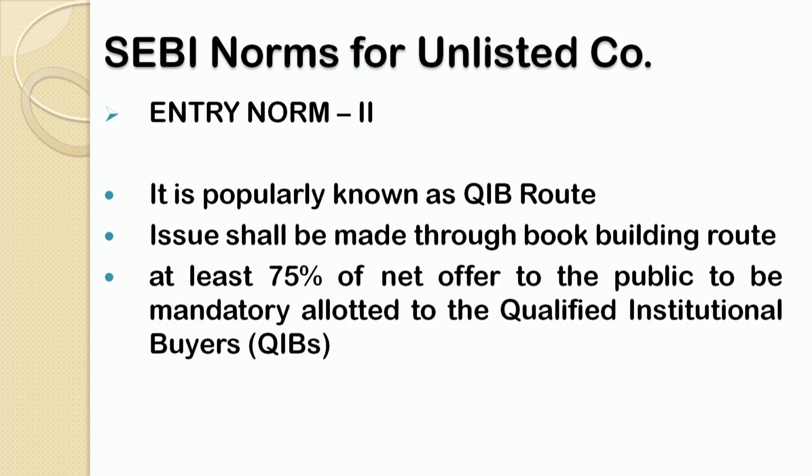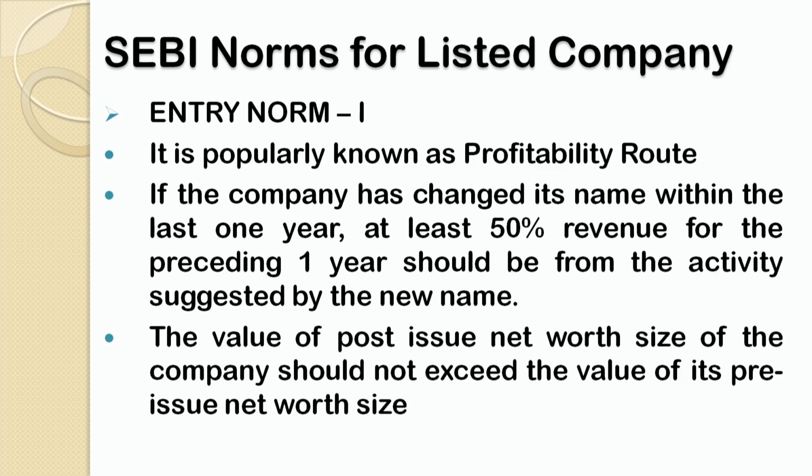Now, let us discuss the SEBI norms for listed companies. Listed companies are basically those companies which are already listed on the stock markets. Some of the important SEBI norms, entry norm 1 related to listed companies are: point number 1, entry norm for listed companies also known as the profitability route.